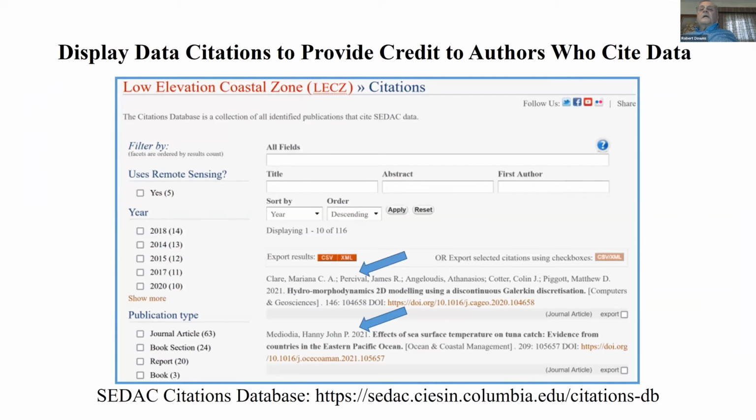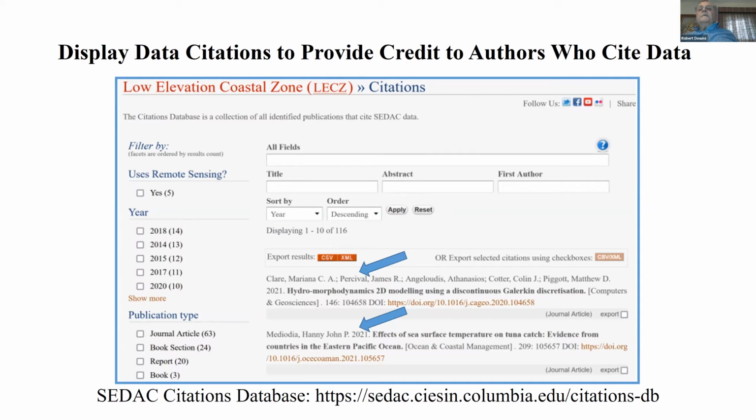And I just wanted to also show you the Cdec citations database. This is where the people who have cited the Cdec data are listed, and they're searchable.